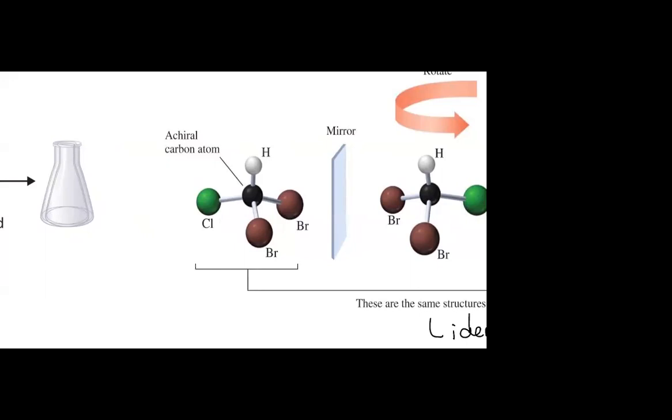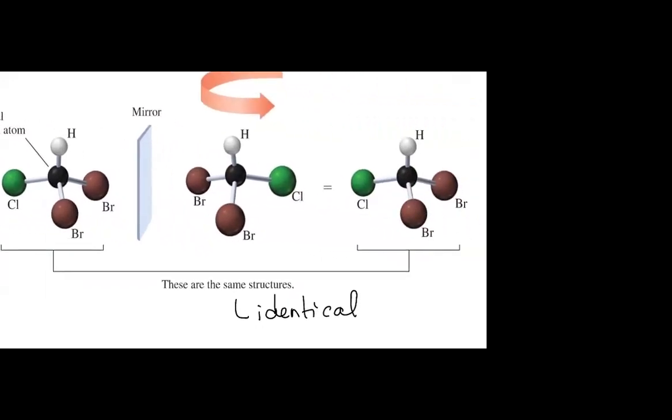Now, in the instance in which you have a carbon atom that is not chiral, and you compare it to its mirror image, when you rotate them, you notice that these two molecules are going to perfectly overlay on each other. So a molecule that is not chiral, along with its mirror image, are basically identical structures, okay?